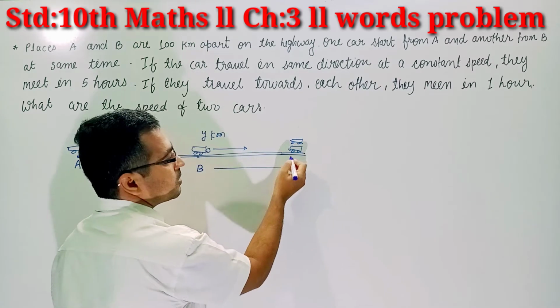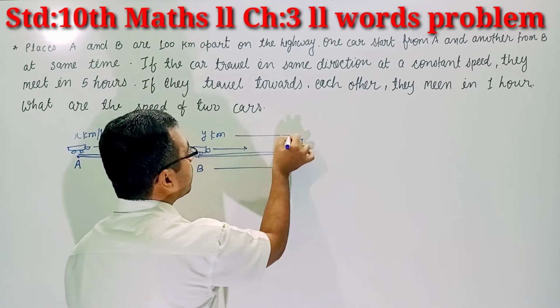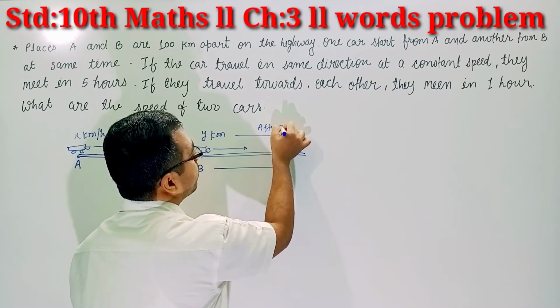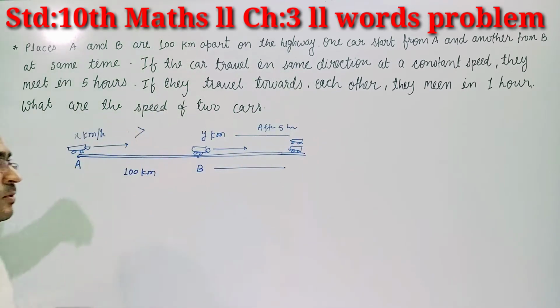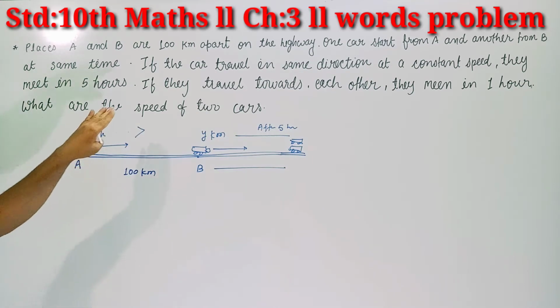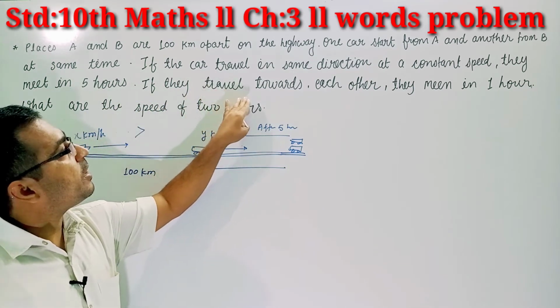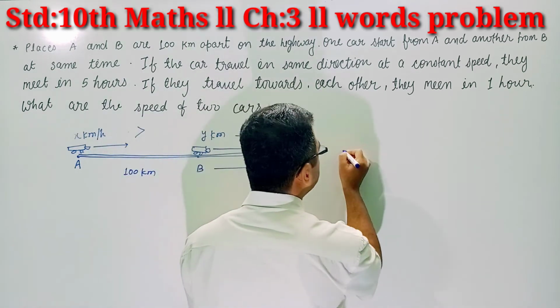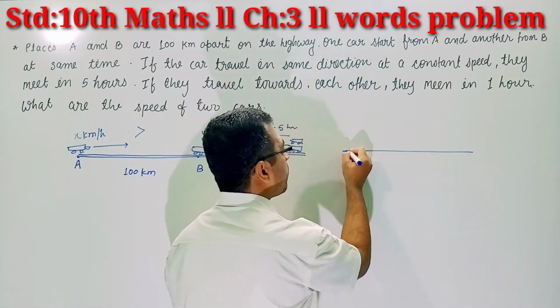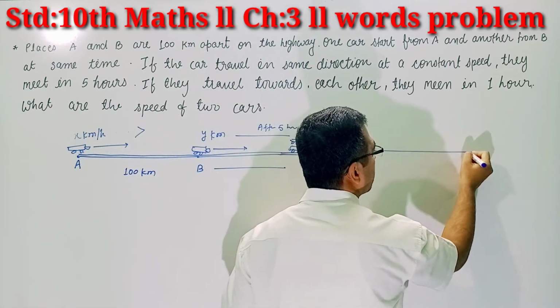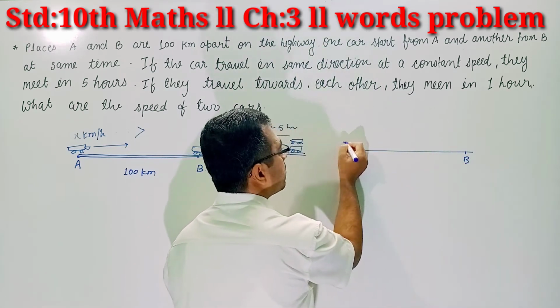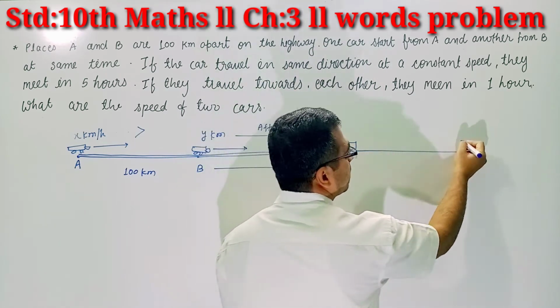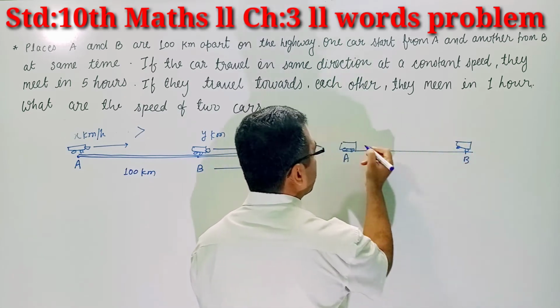The duration is 5 hours, right, student? And in the second case, if they travel towards each other, suppose this is A and this is B. This is the position of the first car and this is the position of the second car.